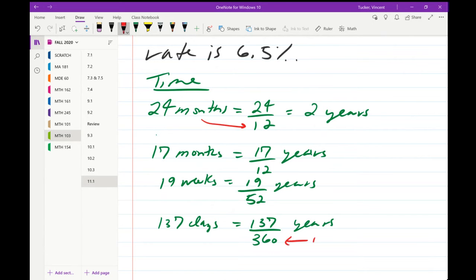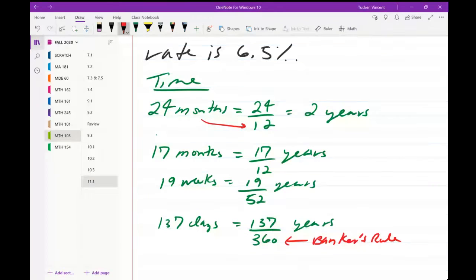And that's called banker's rule. Those extra 5 days, I read somewhere that they left off 5 days because of 5 major holidays. And I've also read another place where it says it just makes for easier calculation. So either way, it doesn't matter. 360 is what you guys would use.